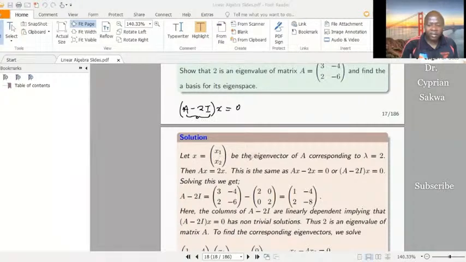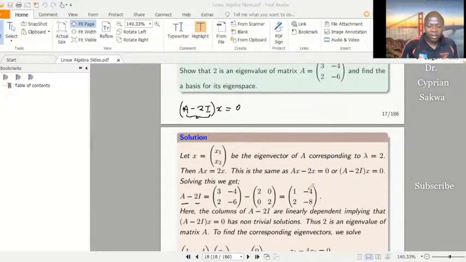Let x be an eigenvector corresponding to lambda equals 2. What is A minus 2I? It gives us 1, -4, 2, -8. Let's look at the determinant of this matrix. It is -8 plus 8, and that gives us 0. So the determinant is 0.